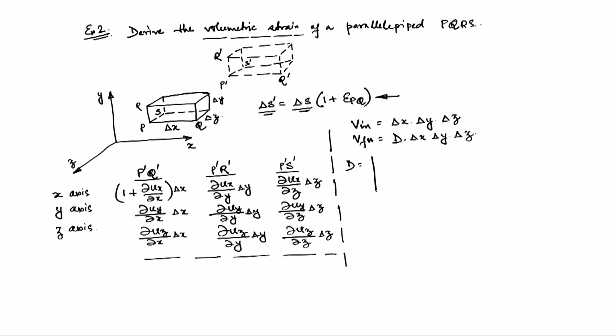D is nothing but the determinant of this element. So, we have 1 plus differential of u x with respect to x, then this one u x with respect to y, and then u x with respect to z. Similarly, let us populate the remaining terms.